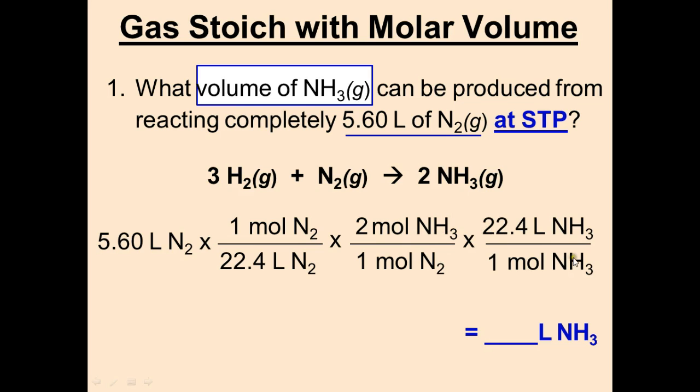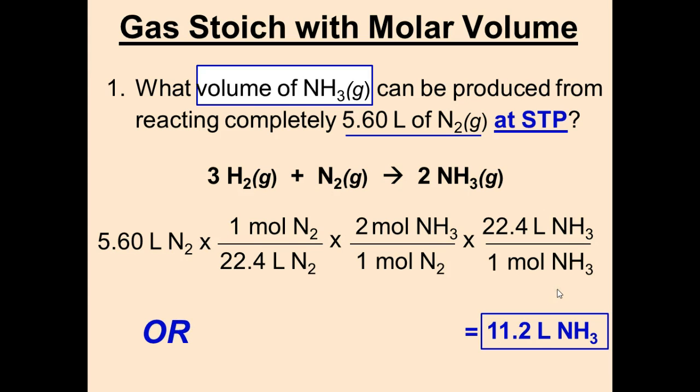So we cancel out the moles, and now we're in liters. So this is the final product. So we just multiply all the top numbers and divide by the product of the bottom, and we should get 11.2 liters of NH3.